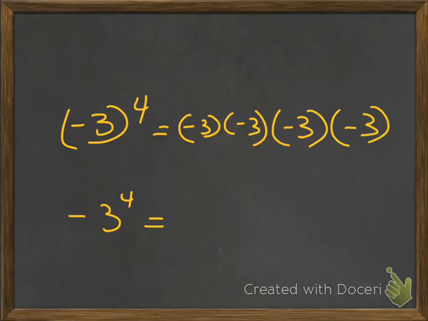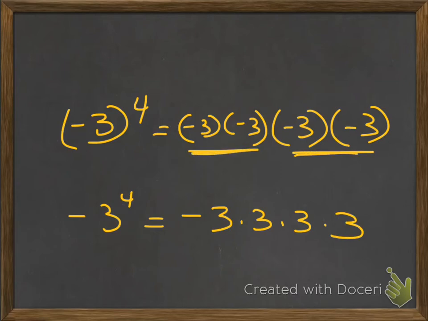This one, the bottom, says that the 4th degree, or the 4th exponent, is only on the 3, so that I only have four 3s. This is positive, and that's positive, and I get 81, positive 81. This gives me 81, but I have this negative here, so it makes it negative.